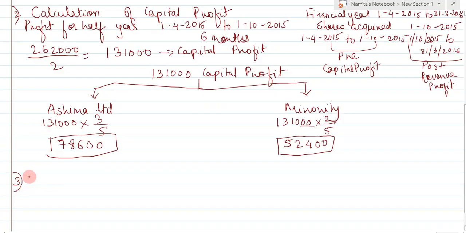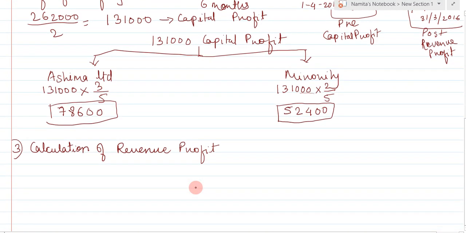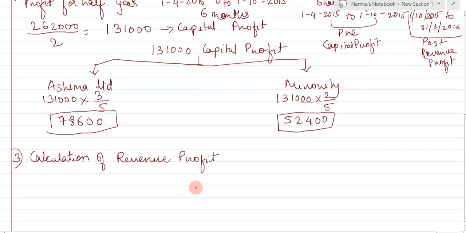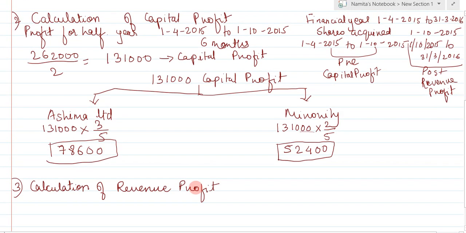Next, the third calculation is the calculation of revenue profit. For revenue profit, you will take the months from acquisition. The shares were acquired on 1st October 2015 and the financial year ends on 31st March 2016.